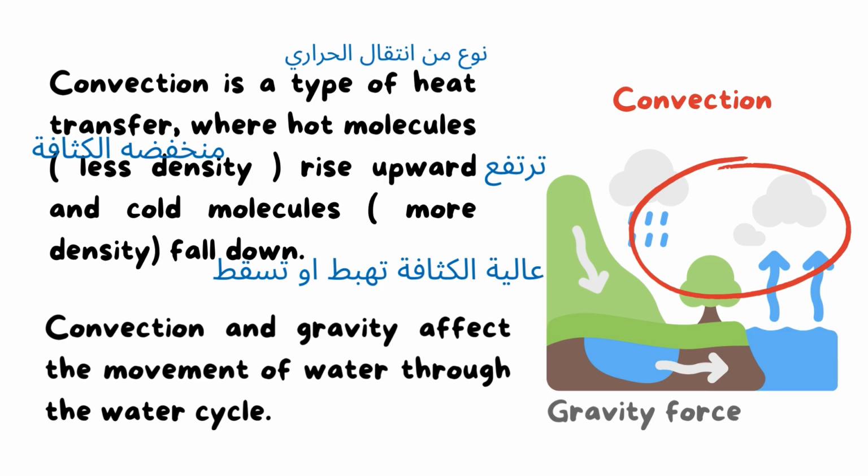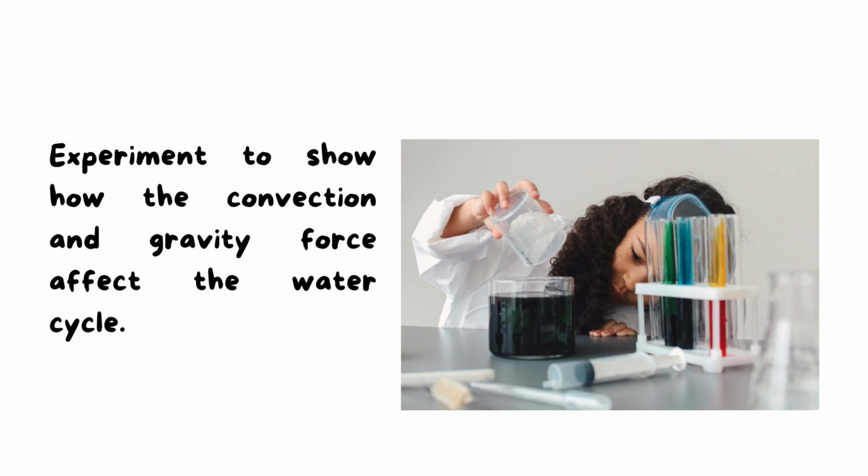This is convection, okay? And convection and gravity affect the movement of water through the water cycle, as we studied last lesson, okay? Now we will do an experiment to show how the convection and gravity force affect the water cycle.